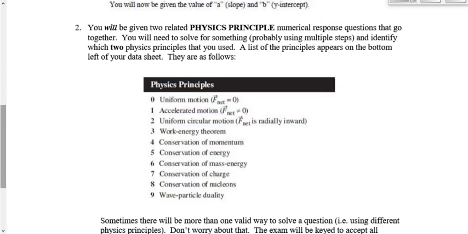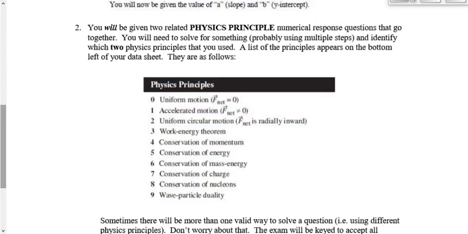They will probably be the last two questions on the exam, question 49 and 50, although not necessarily. The first of the pair will be a question like any other numerical response question that gives you some data, some information, and you have to solve for something. Just do it like you would any other question. But the follow-up question is a little bit different. The follow-up question asks you how you did it. What are the physics principles that you used to do it?